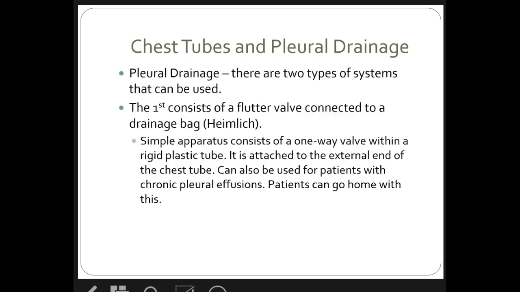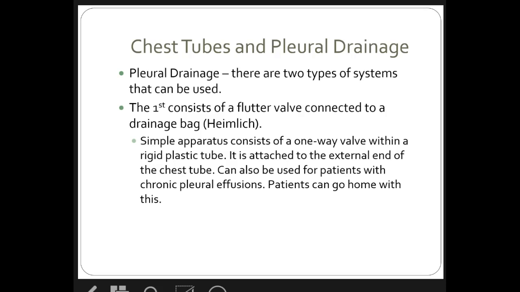You have two types of systems that are utilized for a chest tube or pleural drainage. You have either a closed or water seal, or dry seal that can be done. We also have what's called a Heimlich valve. It actually has a flutter valve connected to a drainage bag.